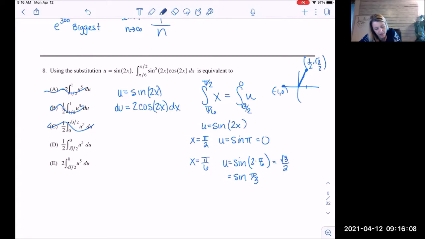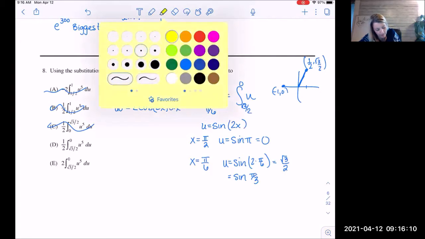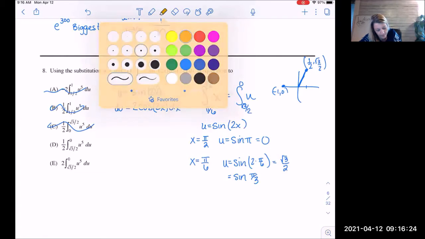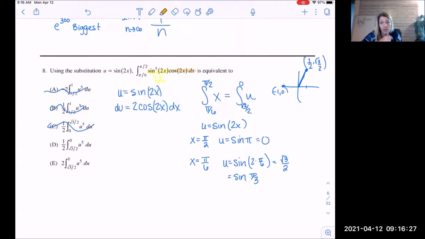And then I need to substitute in. So sine of 2x, this is u, right? And then cosine of 2x dx. This will be 1/2 du is cosine of 2x dx. So in place of this, I put 1/2 du.